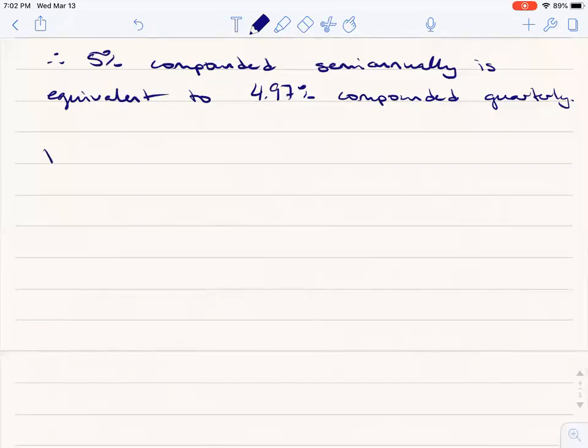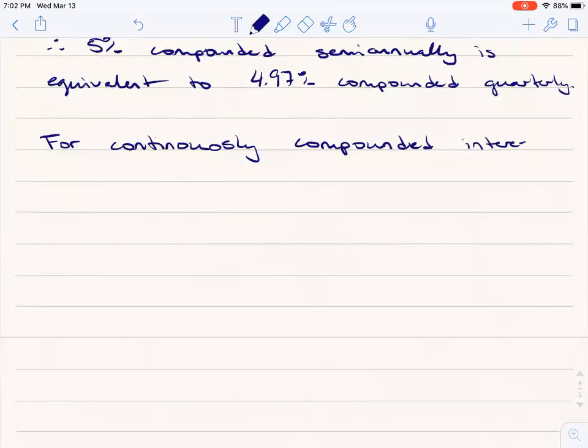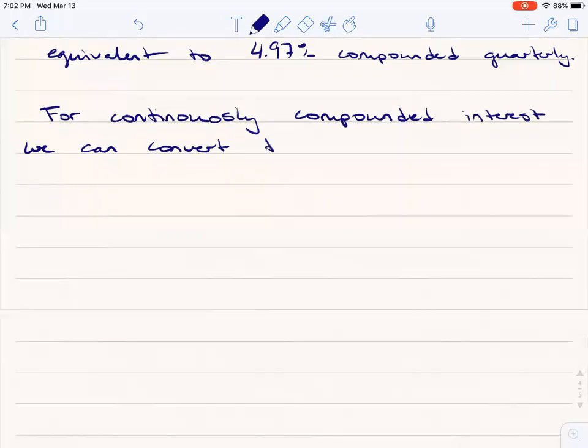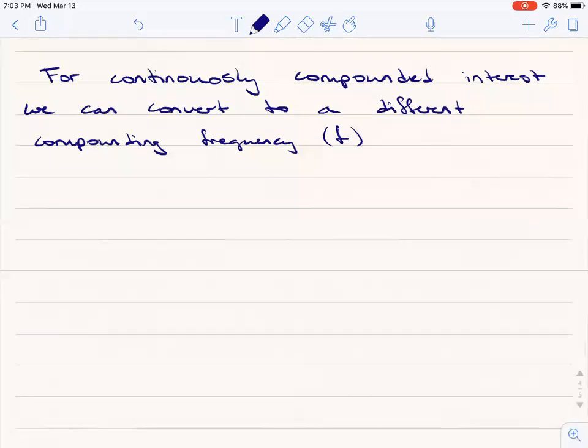For continuously compounded interest, we can convert to a different compounding frequency f by I2 is e to the power of r divided by f2, minus 1. This is also on your formula sheet.